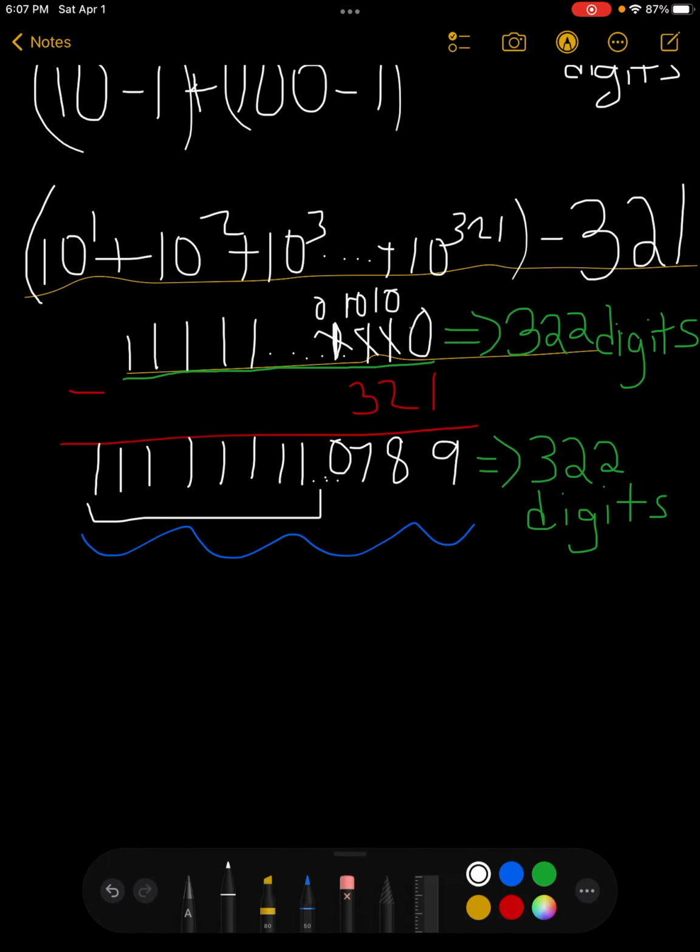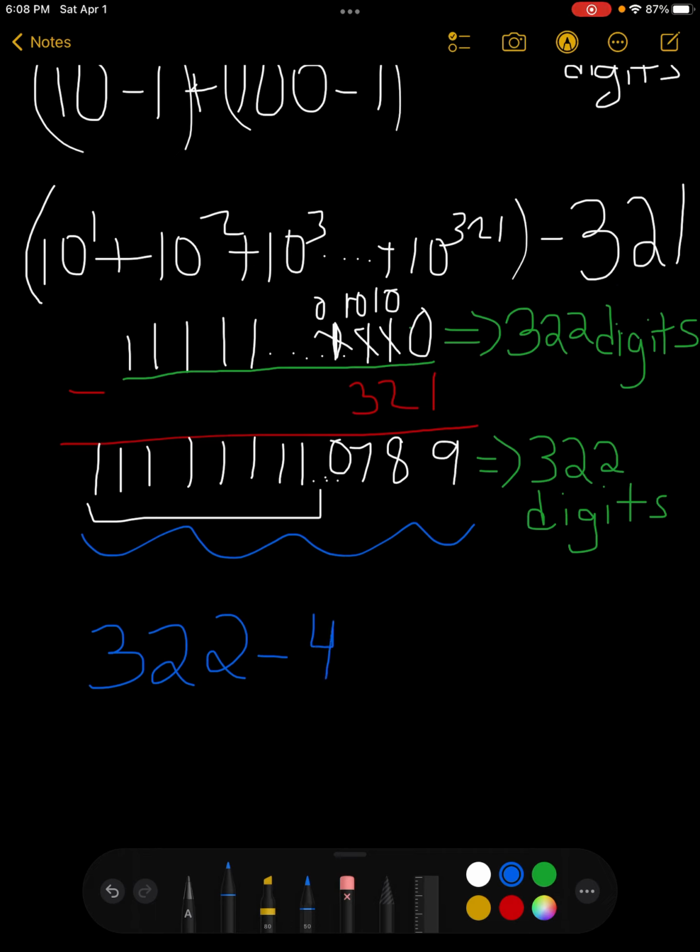So because we have 4 digits that aren't ones, we know we have 322 minus 4, which is 318. I should correct something I said earlier. We have 4 digits that aren't ones, not non-zero digits. That is my bad. So we have 318 ones, right?